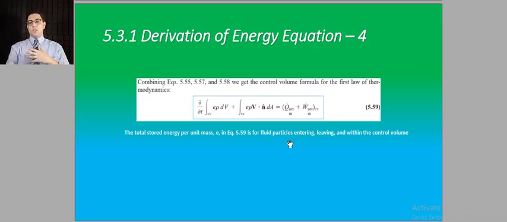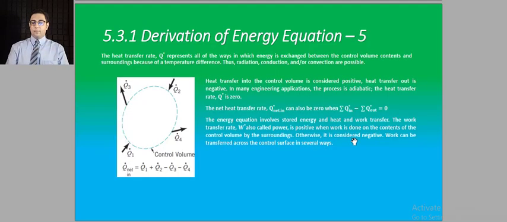The total energy stored in a system per unit of mass is equal to the net rate of change of both heat as well as work exerted on a system. It is completely valid for particles entering, leaving, or within the control volume.